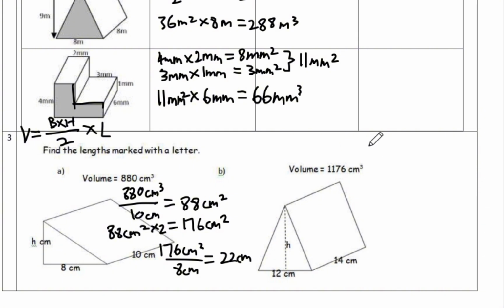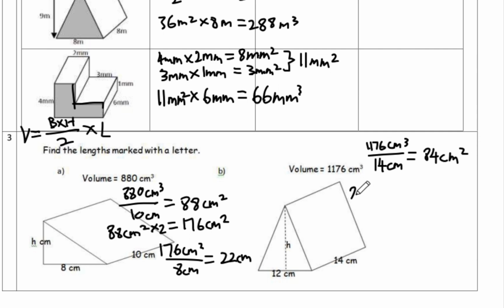For B, we will take 1176 cm cubed and divide it with 14 cm, which is 84 cm square.